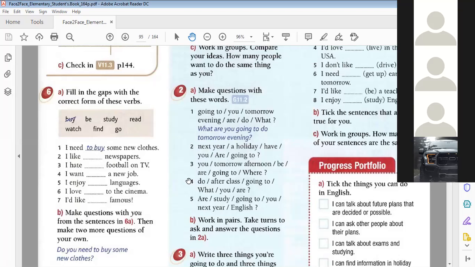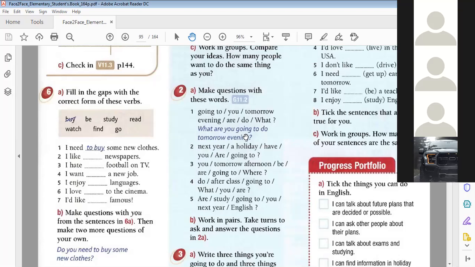What are you going to do after class? Very good. Nice. Okay, and the last one, Selma, can you do number 5? Are you going to study English next year? Nice, good. Okay, very nice.